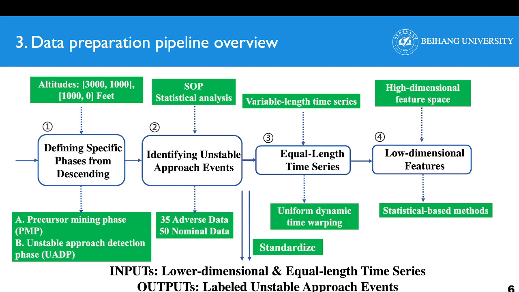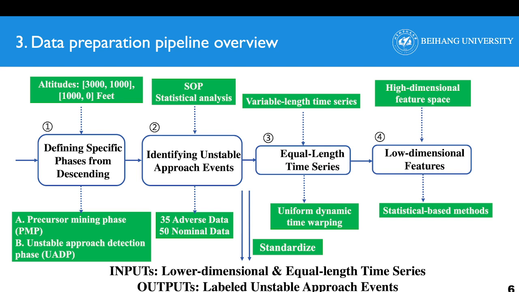Next is the overview of the data preparation pipeline. The pipeline consists of 4 steps. In the initial step, we segment the flight data into specific phases: the precursor mining phase and the unstable approach detection phase.